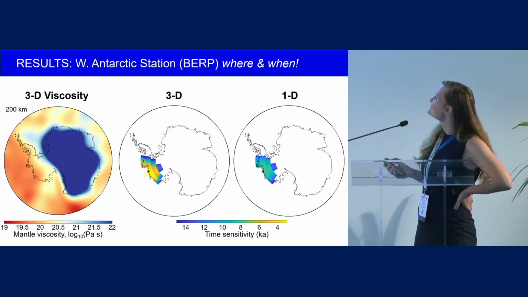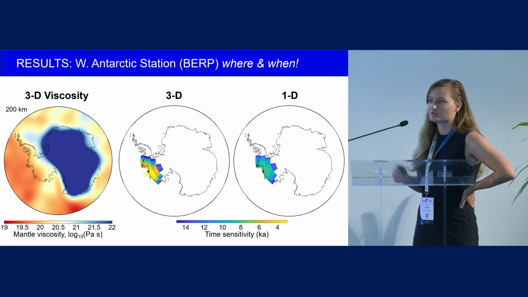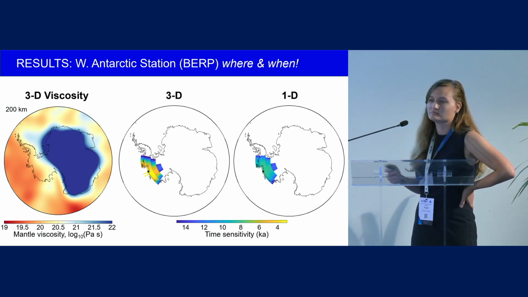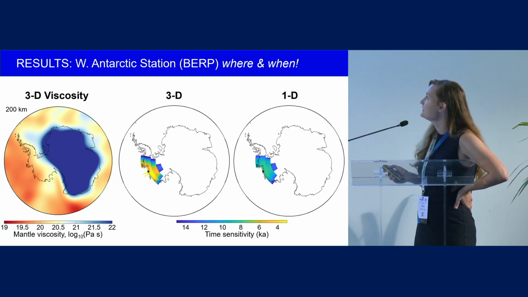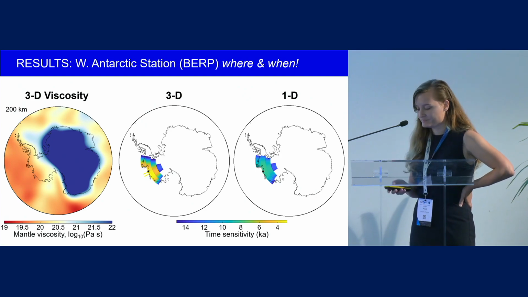For the 1D model, we have to go back about 8,000 years to be able to predict how this GPS observation is going to be changing. For the 3D model, proximal to it, you only actually have to care about, say, the last 4,000 years. And that value decreases as you go towards regions of higher viscosity.